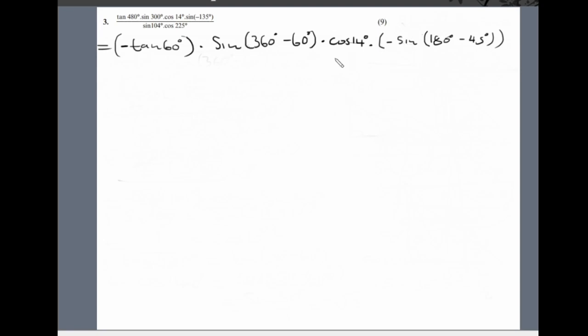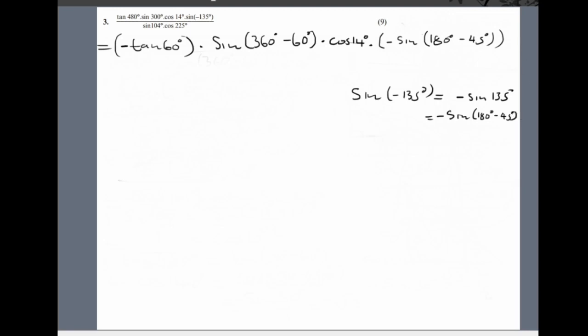So here we are doing 2 steps in step 1. So step 1, sine minus 135 is equal to minus sine 135. Okay, and then sine 135 is the same as saying sine 180 minus 45, right? 180 minus 45 is 135.